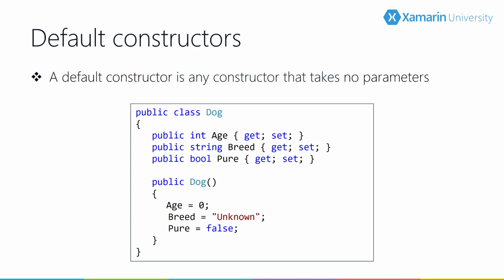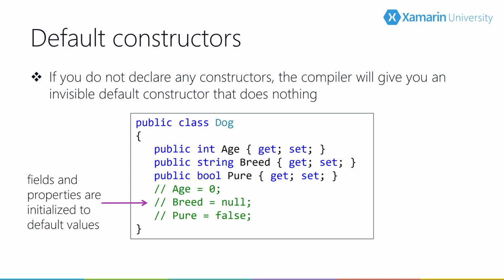Now you may be wondering, because up until this point when we've created classes, we haven't explicitly created a constructor ever. So what have we been calling? It turns out that if you don't explicitly create a constructor, then the system and the compiler will automatically create a default constructor for you.